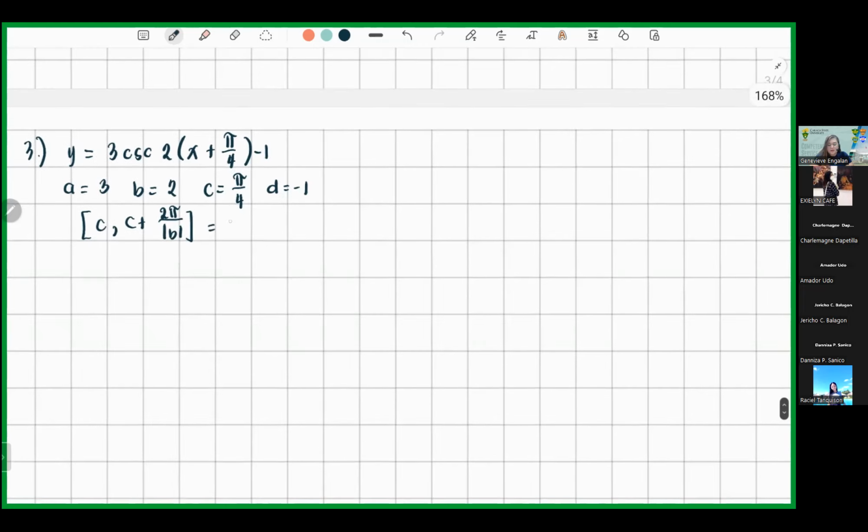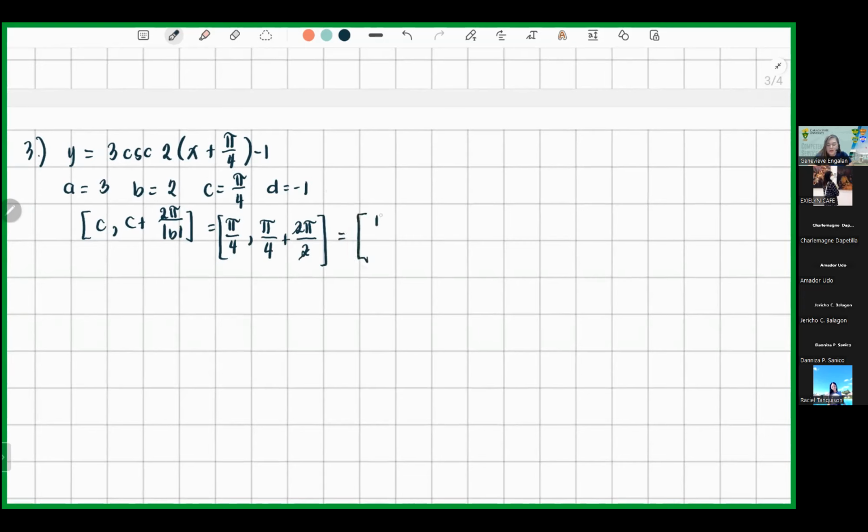So, C na to is pi over 4. So, tapos pi over 4 over 2 pi, plus 2 pi over B, which is 2. So, ma-cancel na ang 2. So, this will be, pareha ra ganina, no?